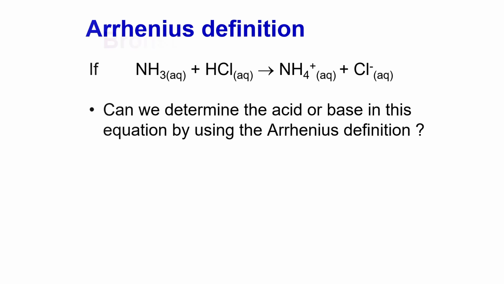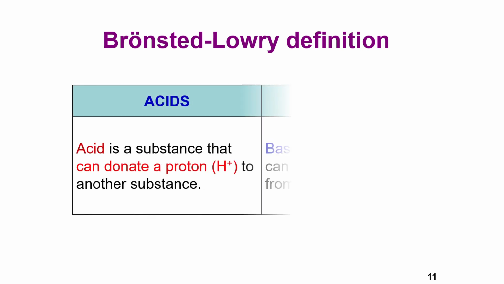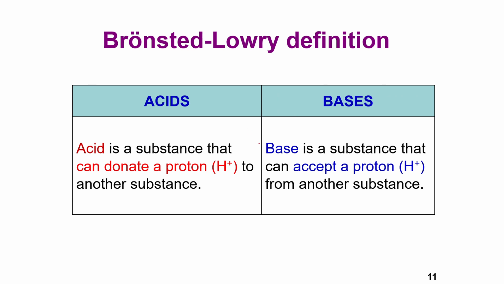So kita pergi yang second definition, Bronsted and Lowry. So according to Bronsted and Lowry, acid defined as a substance that can donate a proton. So proton dalam definition Bronsted and Lowry ialah H+. So substance yang boleh donate H+, jadi dia ialah acid. So untuk base, substance that can accept a proton, okay, ataupun accept H+, dia ialah base.